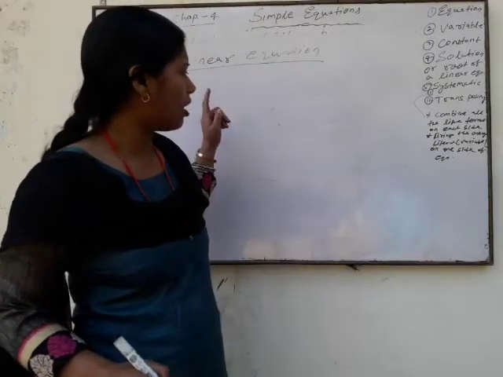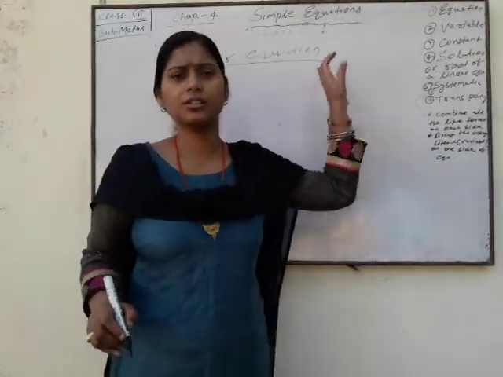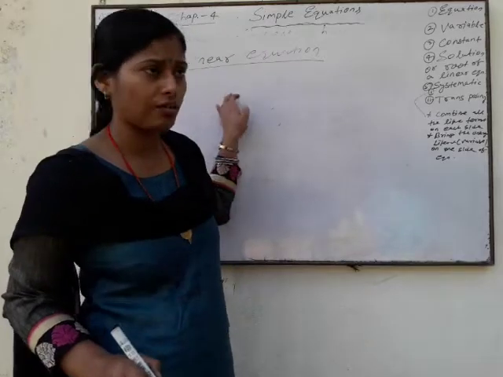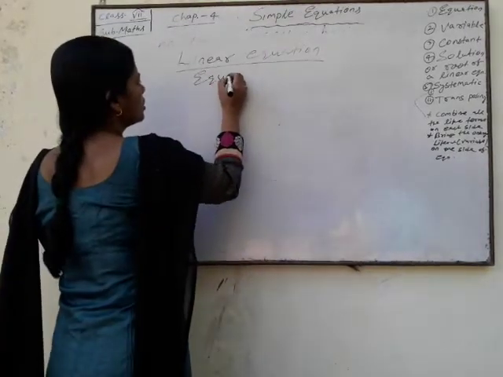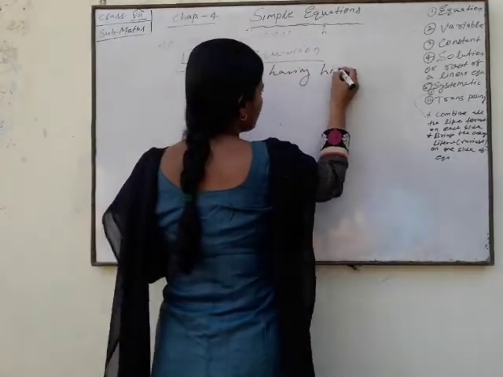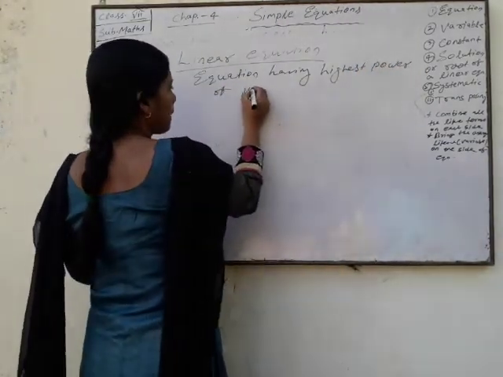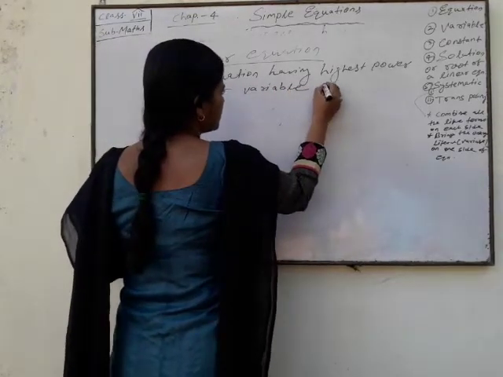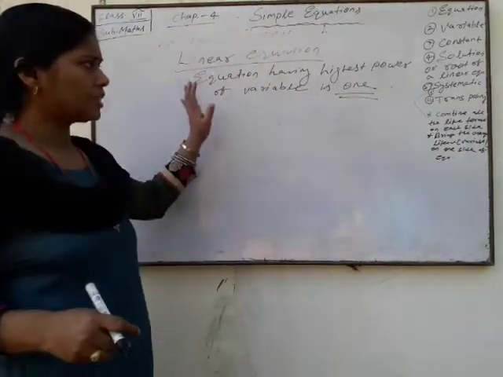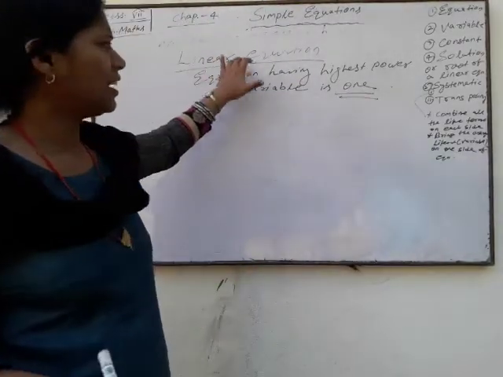An equation having the highest power of the variable as 1 is a linear equation.